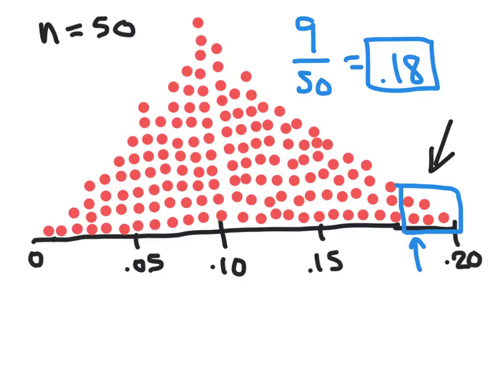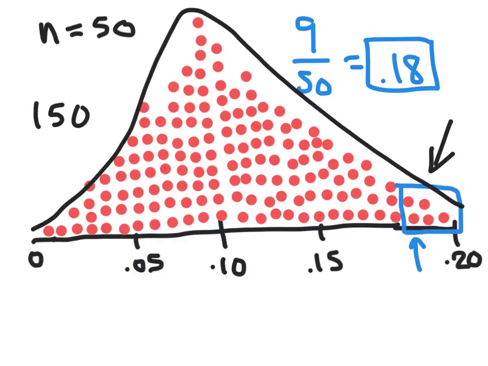And let's just say there's 150 in this graph right here. Well, 5 out of 150 is 0.033.